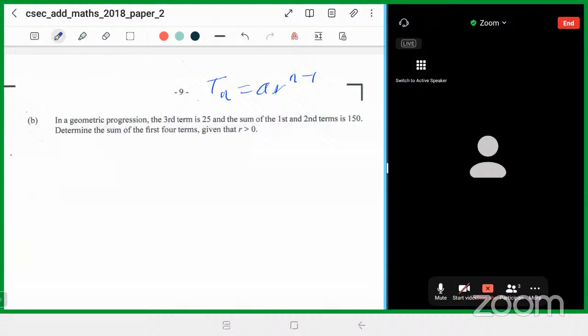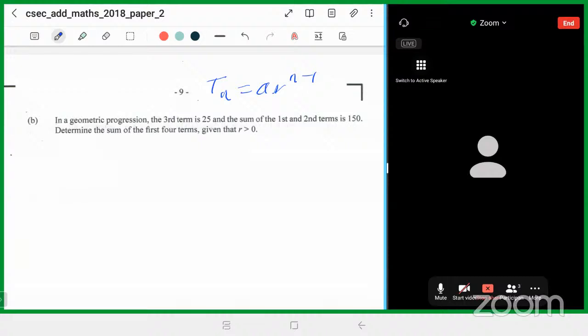Remember, in a GP everything is being multiplied by A: AR squared, AR cubed, AR to the fourth, AR to the fifth power. Even the sum to any number of terms is A times a bracket, so everything always has the A in it.